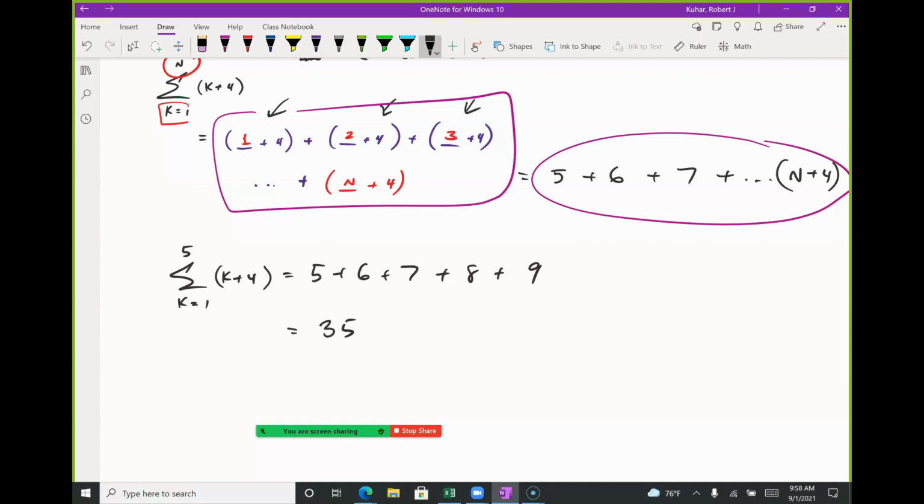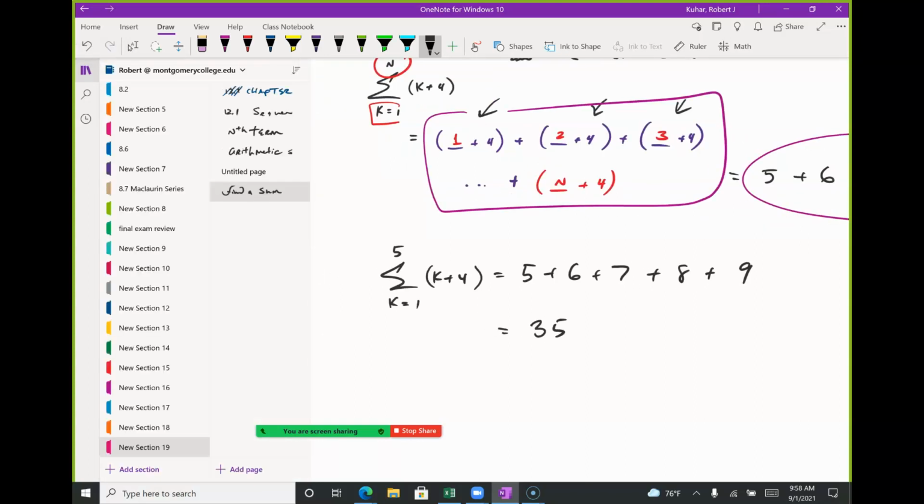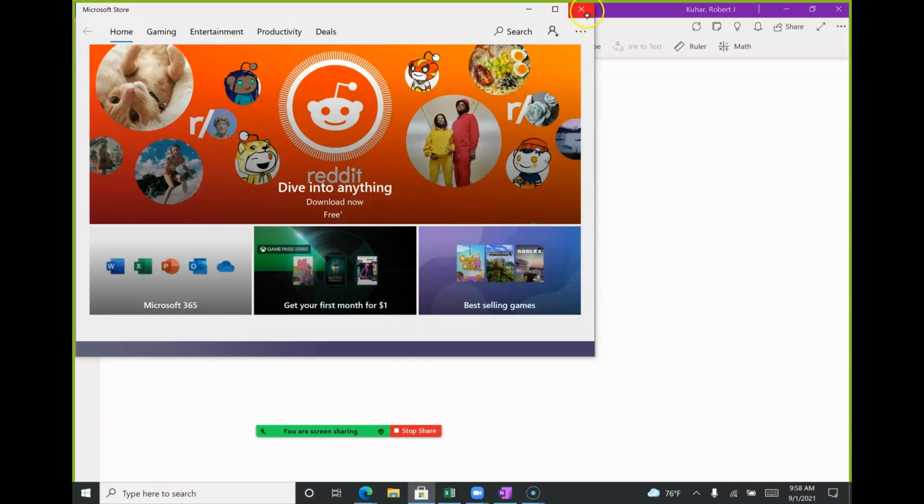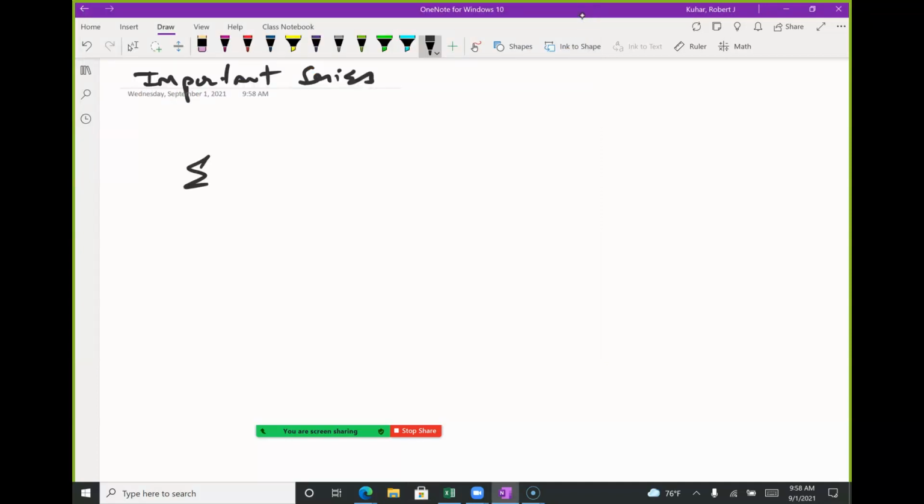So we're going to have a few series that we want memorized, and for you that means I'm going to put them on my formula sheet, right? These are our important series to memorize. My first one is the sum of a constant.